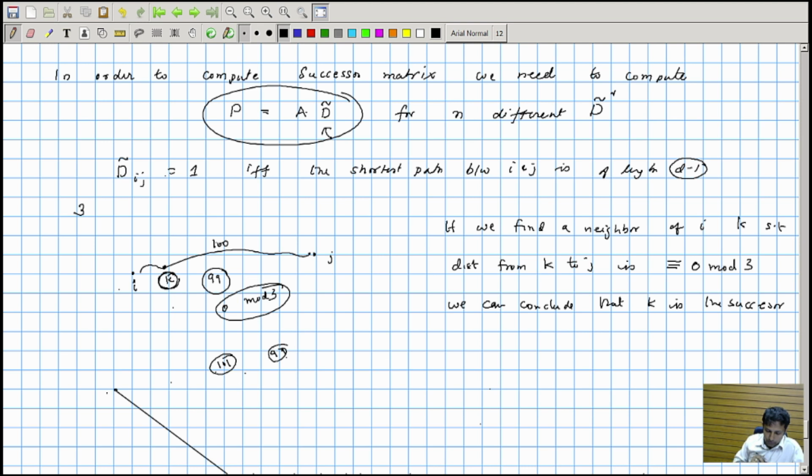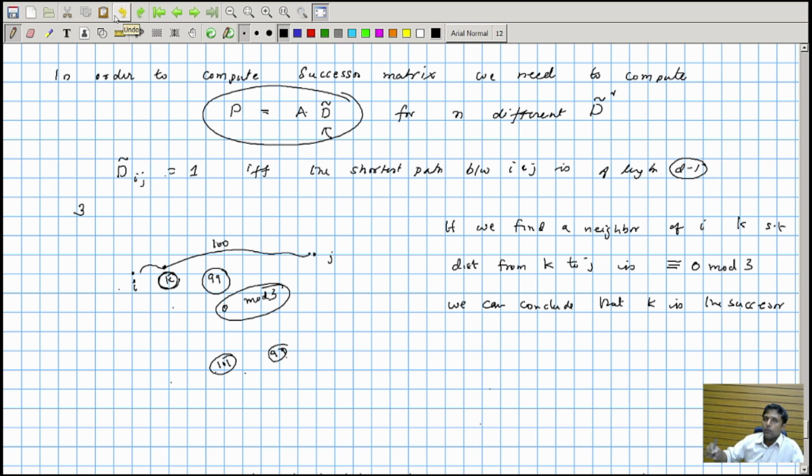Once again, if you look at any vertex and at its neighbors, the distance from those neighbors to j is going to vary by at most 1. It can be plus or minus 1 or 0. So there are only 3 possibilities. If you can identify the distance mod 3, that is sufficient.